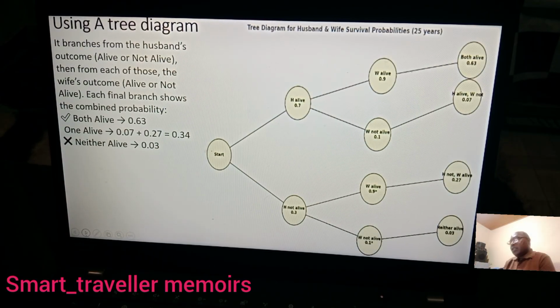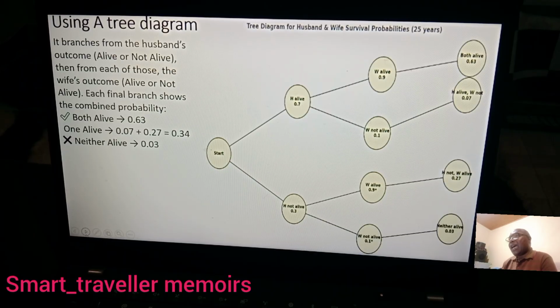The question could also have been answered using a tree diagram. So here we have the tree diagram for husband and wife survival probabilities for 25 years. And this tree diagram branches from the husband's outcome. We start with the husband, that is alive or not alive.